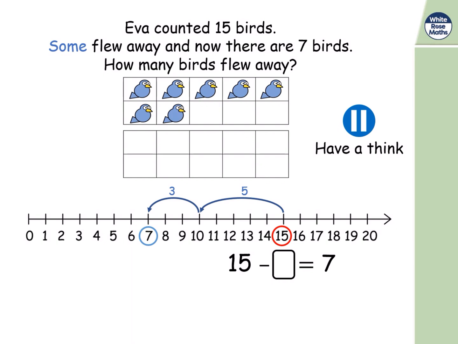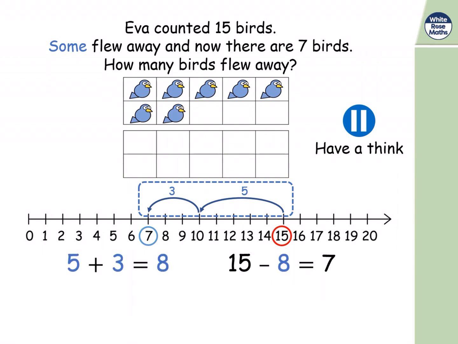Is the answer 7? No. The answer here is how many birds flew away. We can't see them on our 10 frame, but we can see them on the number line. First of all, we removed 5, and then we removed 3. 5 plus 3 is 8. 8 birds flew away.